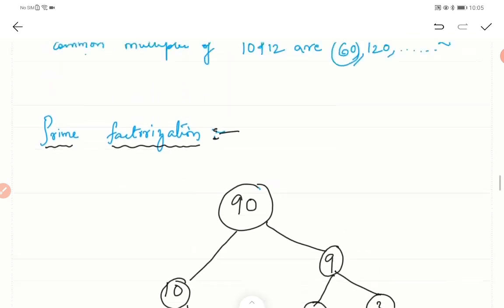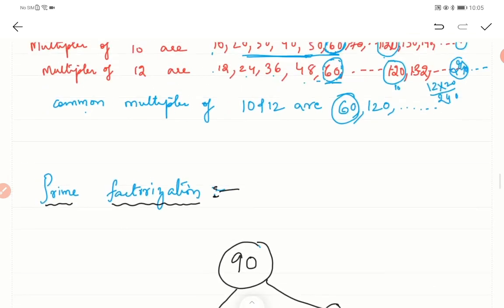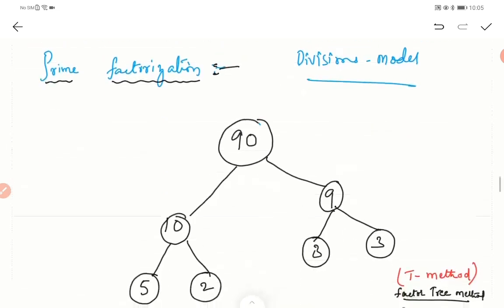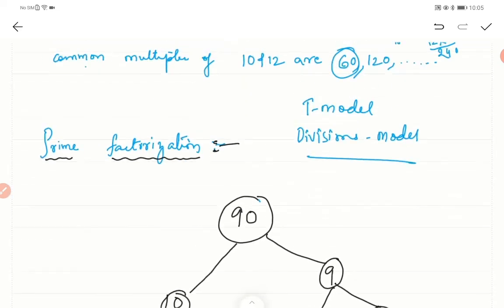How exactly do you do it? You have two methods for this prime factorization. One is your T model, or the division method. So you have these two methods to get your prime factors.